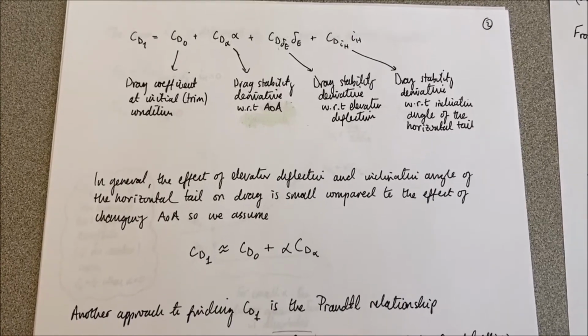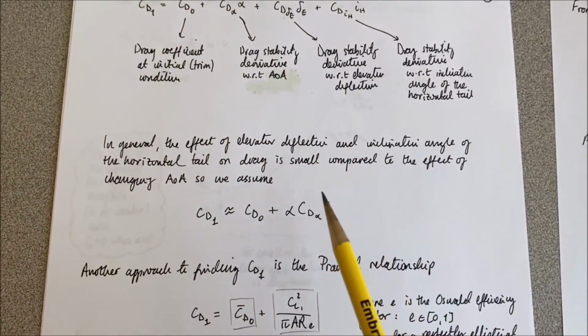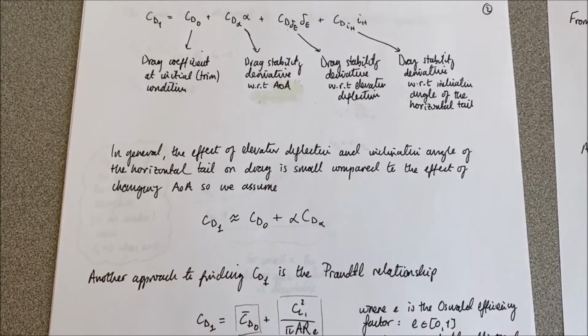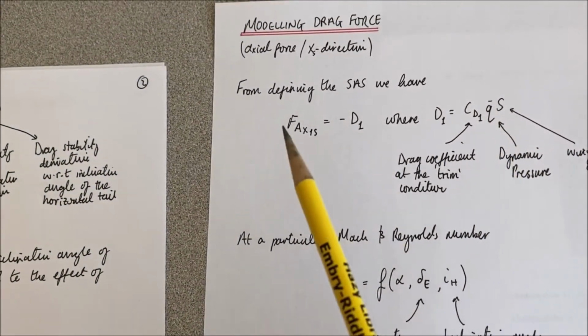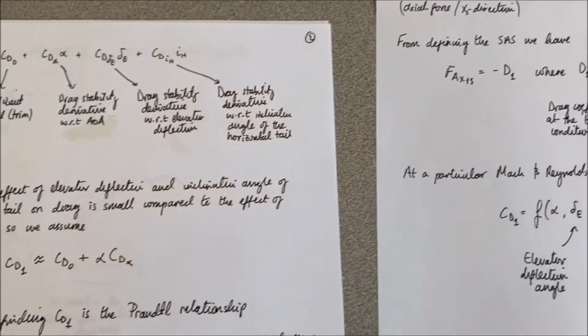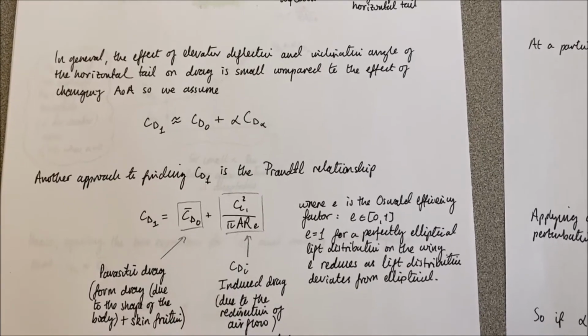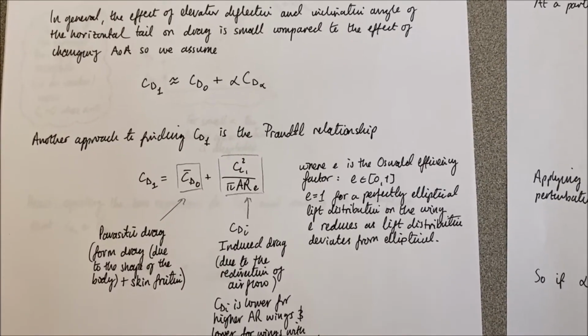So that's the equation that we get from just applying a Taylor series expansion to our initial equation over here, which we started with, which just came straight from the definition of drag in the stability axis. Well, there's another way that we can formulate an expression for the drag coefficient, and that's using something called the Prandtl relationship.